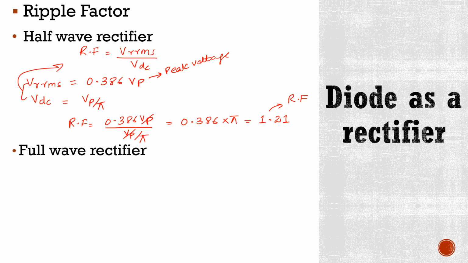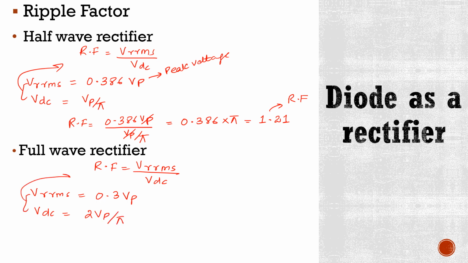Now what is the ripple factor of a full wave rectifier? Again the formula is RF is equal to VR RMS divided by VDC. The RMS value of the AC or ripple component in a full wave rectifier is 0.3 Vp, and again from our last lecture we know that the average or DC value of output voltage in a full wave rectifier is 2 Vp divided by pi. So again we'll put these values in this equation.